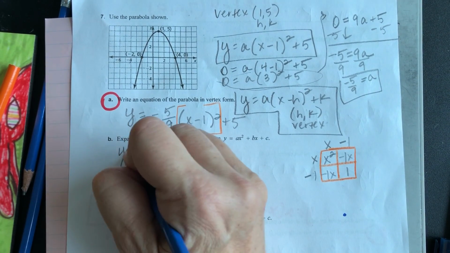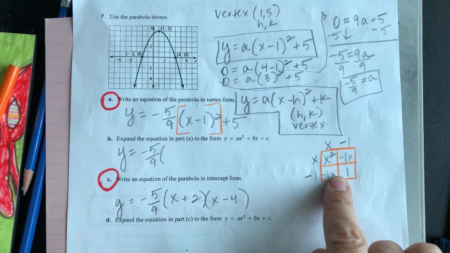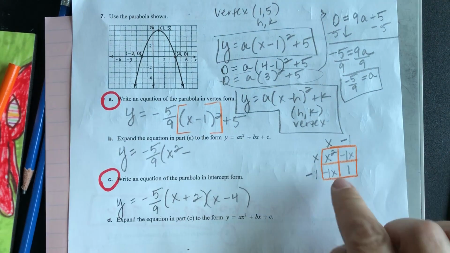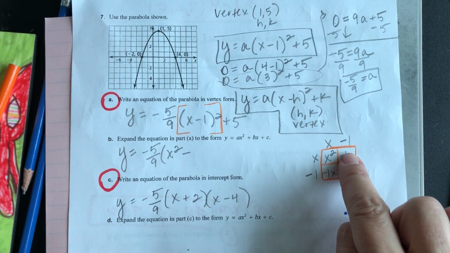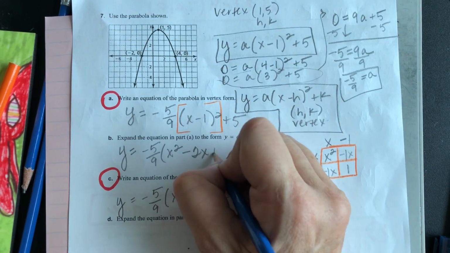Well, when I go back in here now, I've got -5/9 times all of this on the inside. X squared minus 1x minus another 1x, minus 2x's, plus 1.